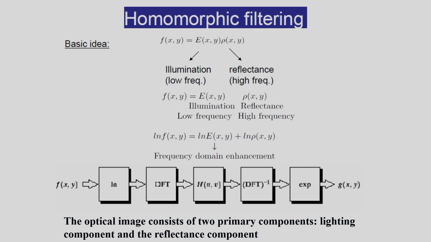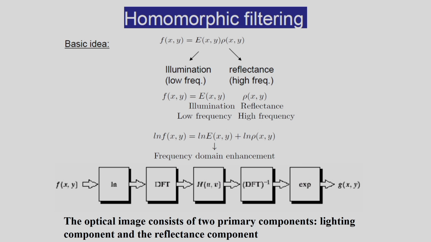After this, I am discussing another filter, that is homomorphic filtering. This filtering technique can be used to improve the appearance of an image by simultaneous intensity range compression and contrast enhancement. The main concept is that an optical image consists of two primary components. What are the primary components?